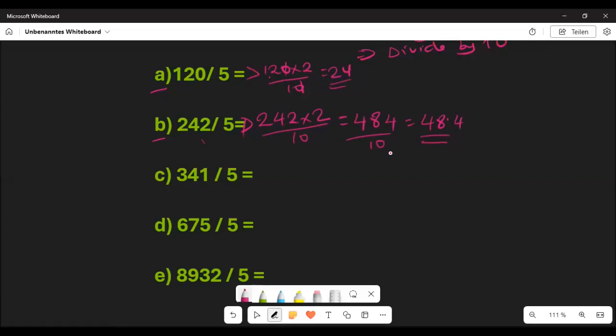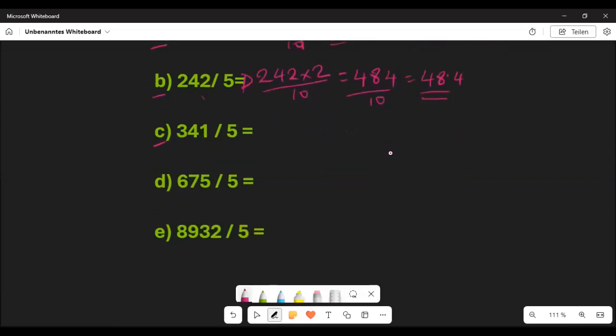And then we go to the next question, which is 341 divided by 5. Ideally here we're also going to say 341 multiplied by 2 divided by 10. Quickly we know that 2 multiplied by 3 will give us 6. 4 multiplied by 2 will give us 8.